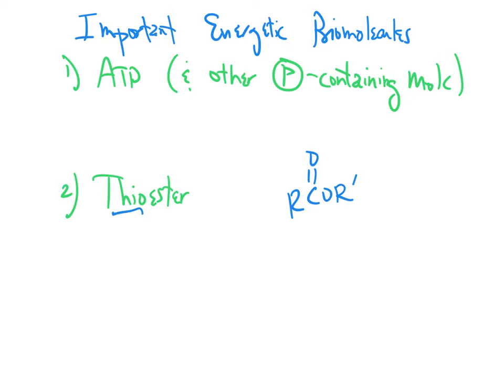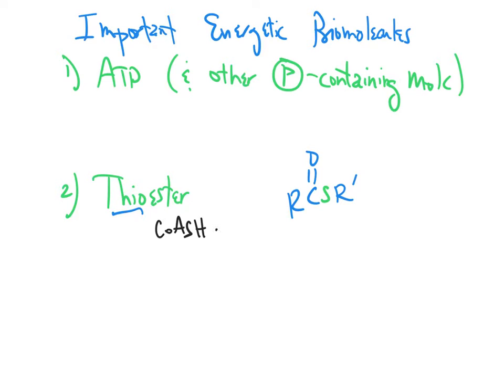Not the double bonded one. Right, the one that would be the good leaving group. So that's a thioester. We'll talk a little bit about the reasons why that's important. An example of this for the thioester would be coenzyme A.